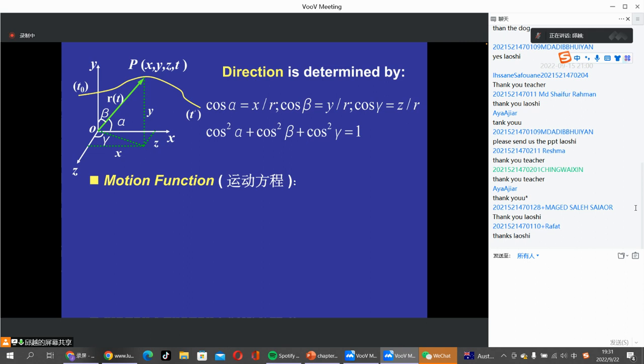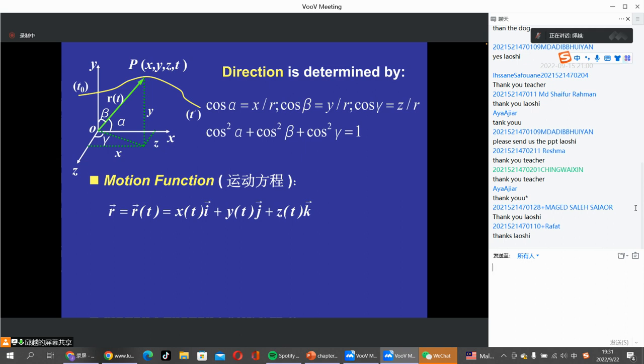And then we have the motion function. In Chinese, 运动方程. We know that the position vector r can be expressed with the variable t as x(t) unit vector i, and y(t) unit vector j, and z(t) unit vector k.